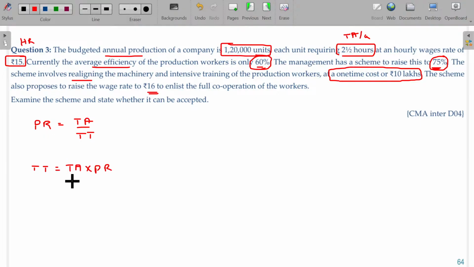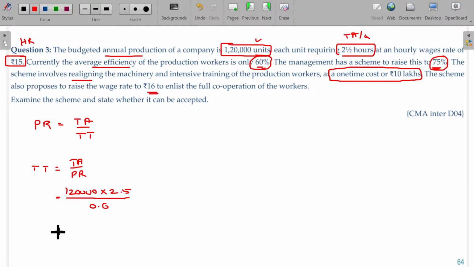Clear? Currently, what happens, the time allowed being 2.5 hours per unit, but we need to produce 1,20,000 units. So 1,20,000 units into time allowed being 2.5 per unit. You just multiply these two. But the performance rating, sorry, time allowed divided by performance rating, right? Sorry. So the performance rating being 0.6. 60% is otherwise 0.6.